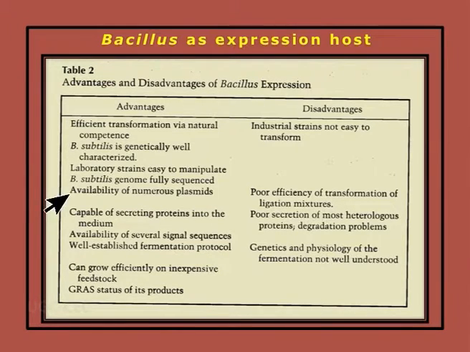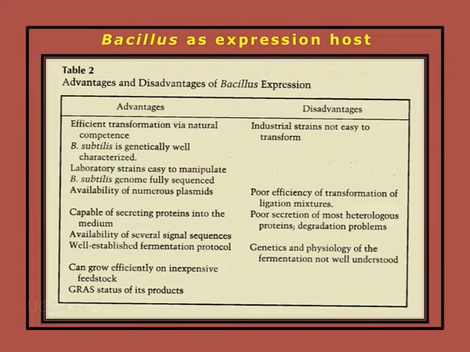Numerous plasmids are available which are capable of secreting proteins into the medium, which is very important because if the proteins are secreted into the medium, purification becomes easier. Certain signal sequences are well established, protocols are available for purification of the proteins, and they can be grown very easily in an inexpensive manner.